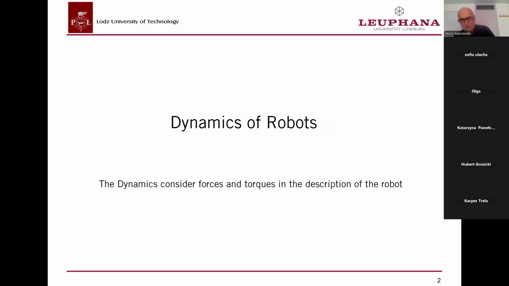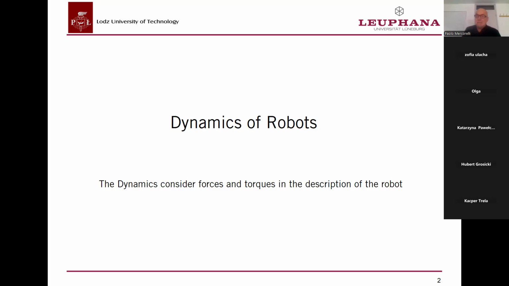But let me go a little bit more in depth on this definition. Forces and torques. This implies the dynamics. The dynamics of a robot is characterized by the acceleration. The acceleration, we will see, is the relevant variable, roughly speaking, of the dynamics.